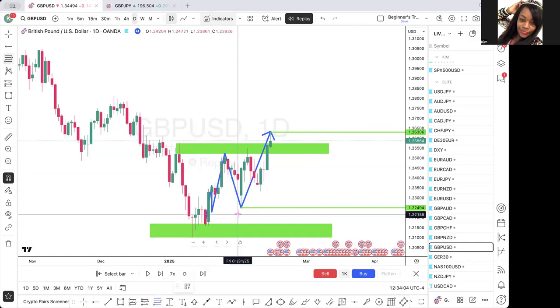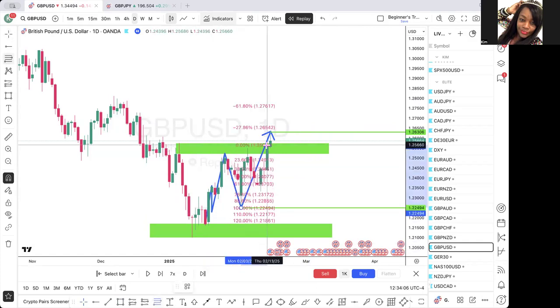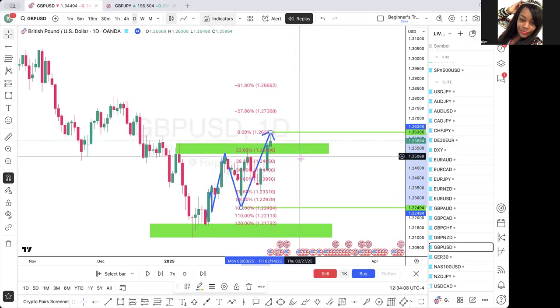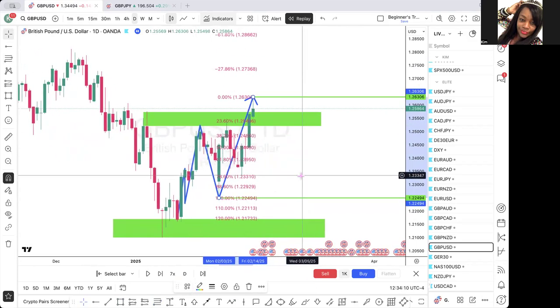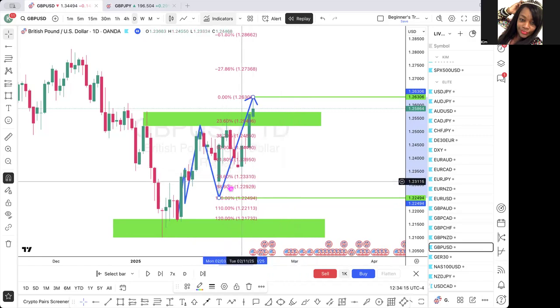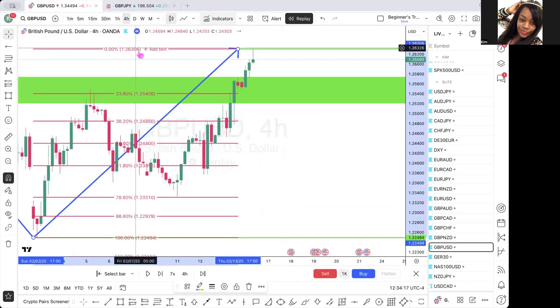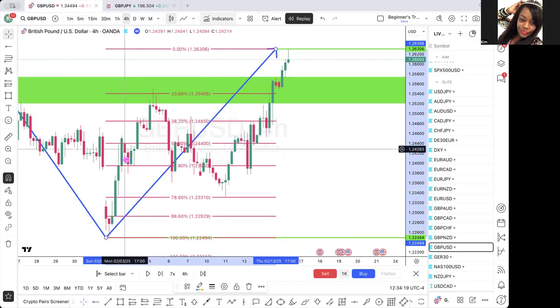if I fibbed it, would love to see it come back to the 78, 88, but there is nothing over here unless I go down in time frame that's showing me maybe the 78. There's an imbalance, but we can see that that imbalance has already been tapped into.